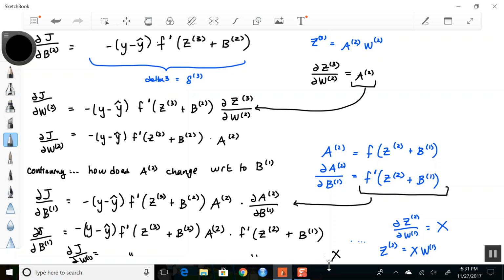So delta 1 is just delta 3 times f prime. So it's going to be delta 3 times your A2 times f prime, A2 being the output of f.